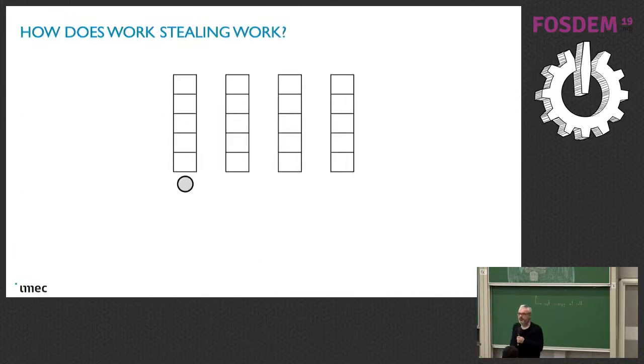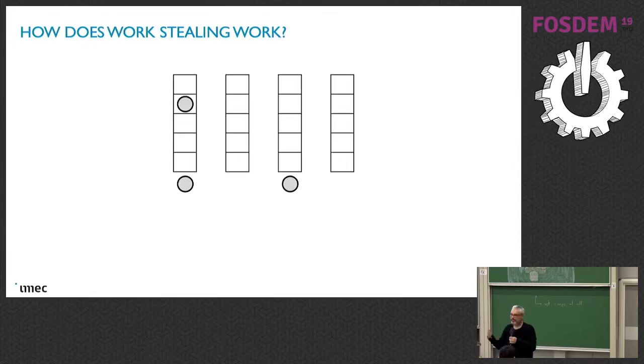Assume you have 4 cores, and one of the cores starts working on creating such a task tree. So there's one task which then spawns another task. And at the same time, the other cores are just asking each other, do you have any work for me to do? One of the cores will, by chance, pick one of the tasks from one of the other cores and just continue working on that.